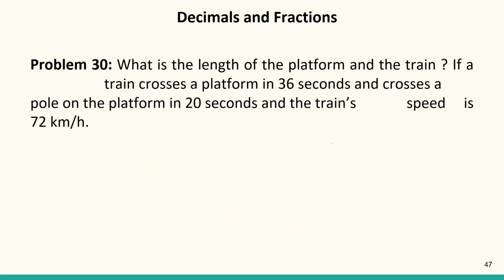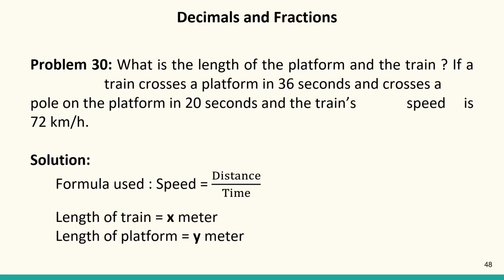Okay, so problem number 30 asks us, what is the length of the platform and the train if a train crosses a platform in 36 seconds and crosses a pole on the platform in 20 seconds and the train speed is 72 km per hour. So let's see the solution. The formula used here is speed is equal to distance by time. We all know this.